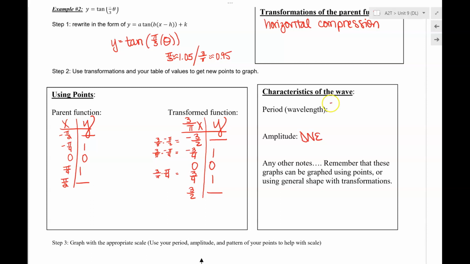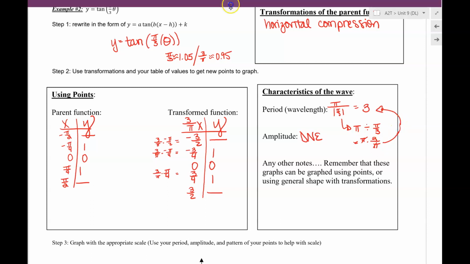The period is pi over the absolute value of b. So our period is 3. Again, for those of you that want to see it, it's pi divided by pi over 3. So pi times 3 over pi gives us 3. All right, let's label it out.